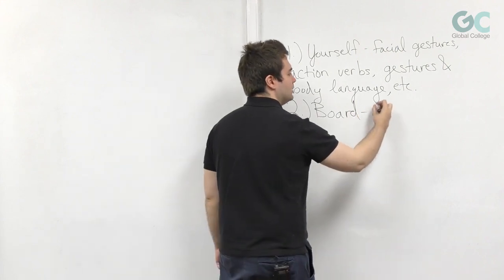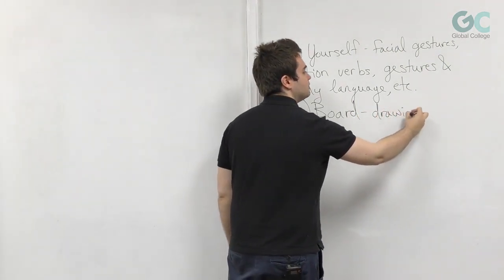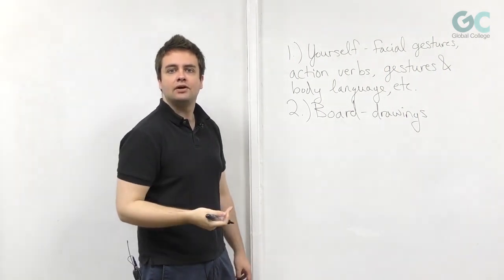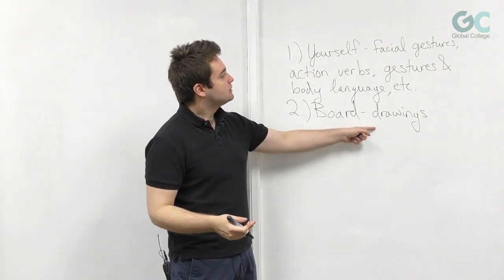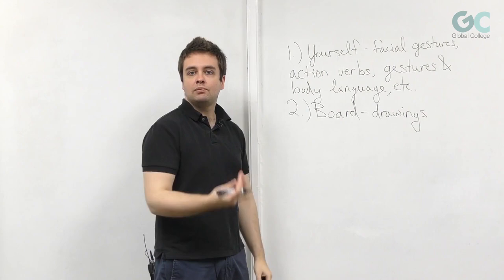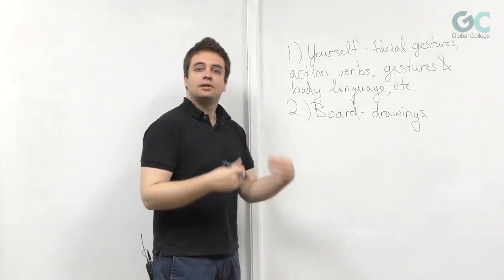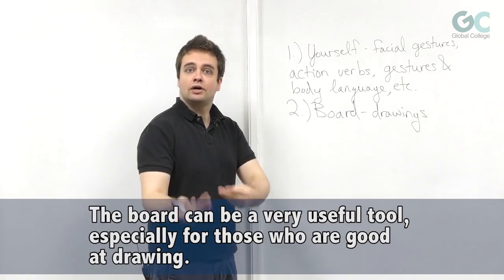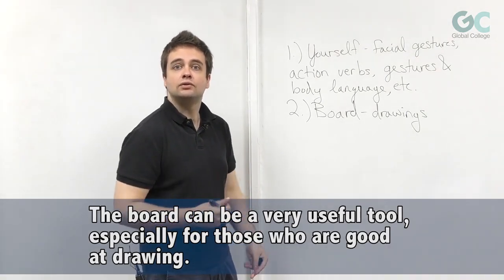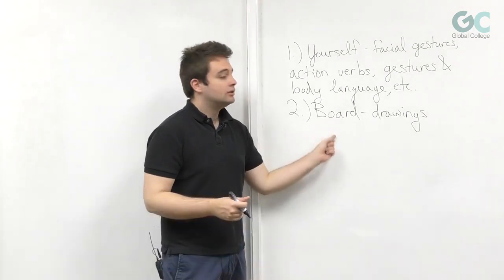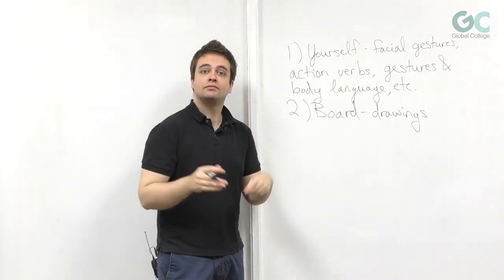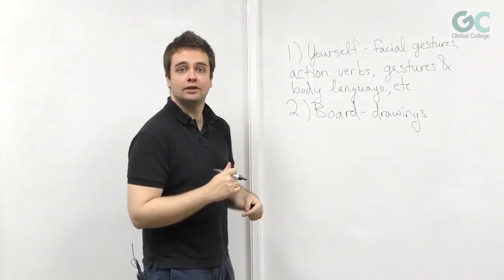So for the board, you can do lots of drawings of different nouns, different actions, etc. Now, you should keep in mind that sometimes just using yourself might be better than using the board, but then again, sometimes using the board, especially if you're good at drawing, is a very, very effective tool, right? So yeah, the board, very, very good. Don't forget about it.